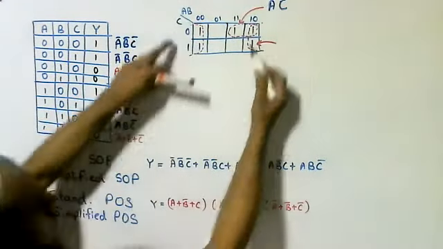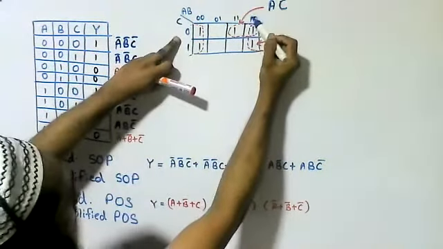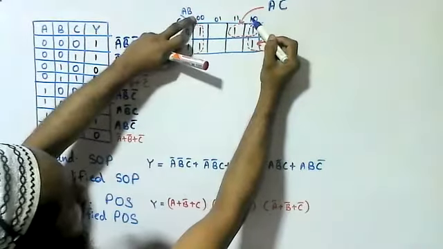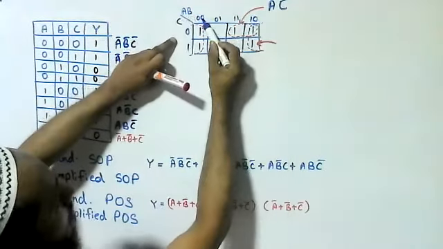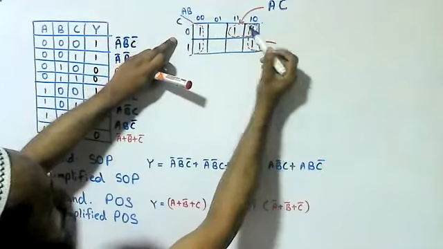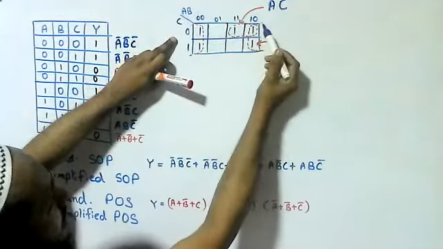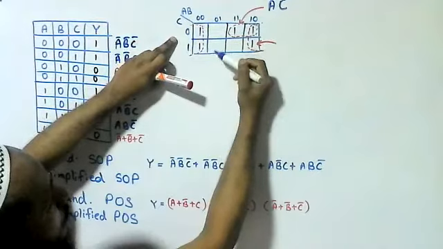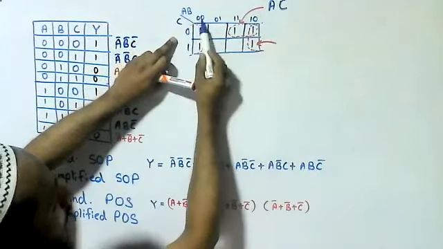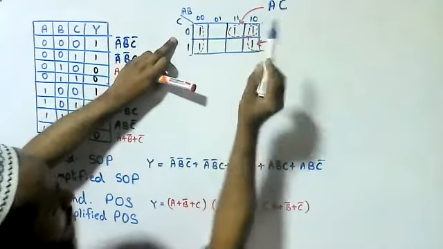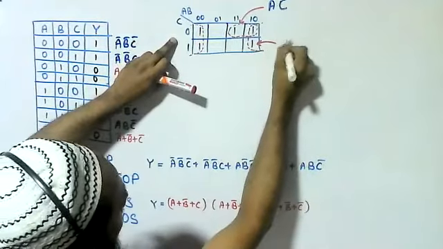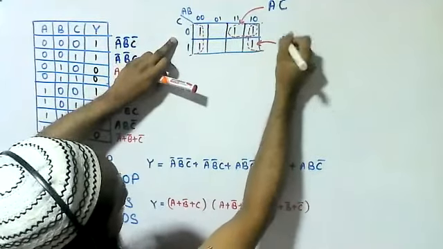So we'll see the value of A here 0, here 1. Value of B here 0, here 0. So the value of A is changed within this group, so we can skip it. Value of B here 0, here also 0. That means it is not changing, so we can write B bar.